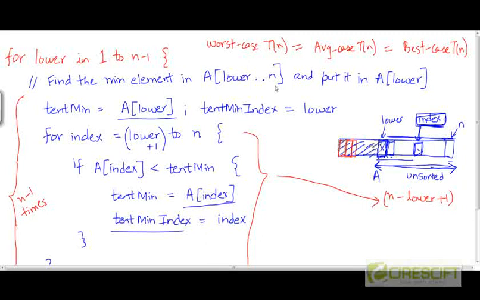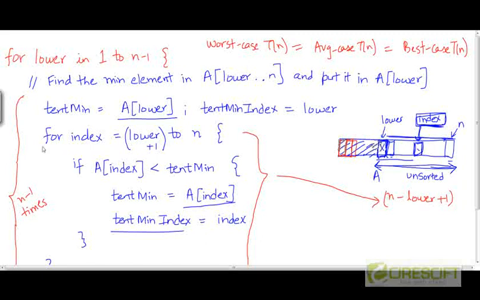But there is no such variability here, because if you want to compute the minimum element of any portion of an array, you have to necessarily scan every single element in that portion. You can't halt midway, because until you have seen every single element, you have no guarantees that the tentative minimum you are maintaining so far is really the actual minimum. So if you want to determine the minimum or the maximum element in an array, you have to necessarily scan the whole array.